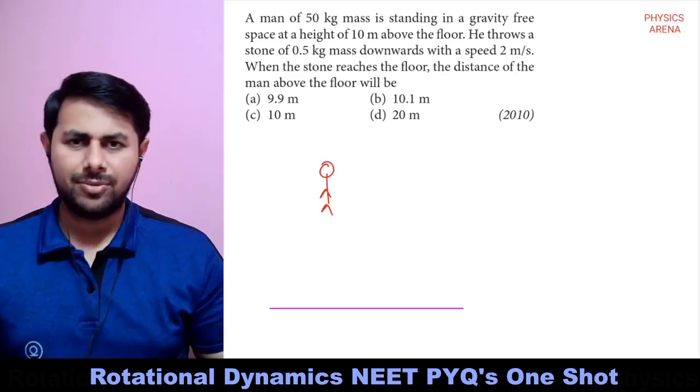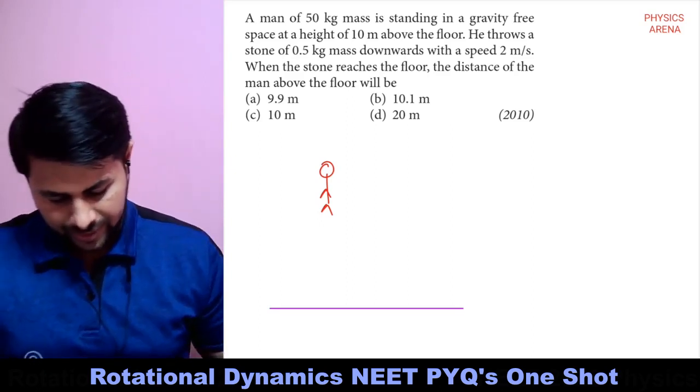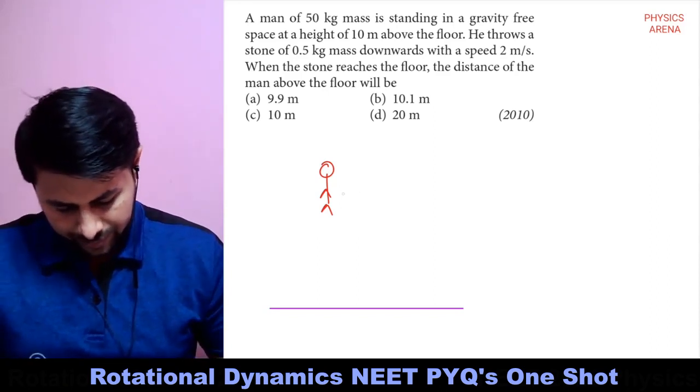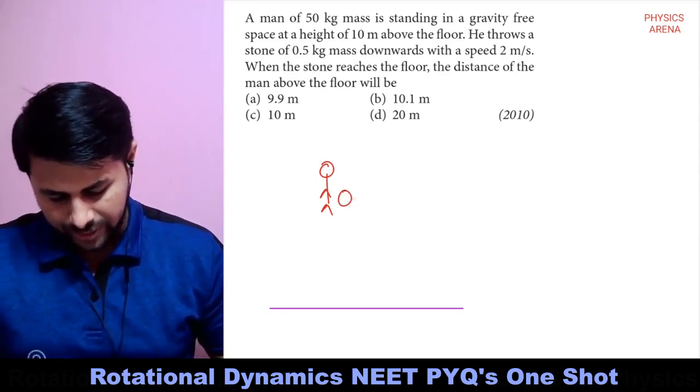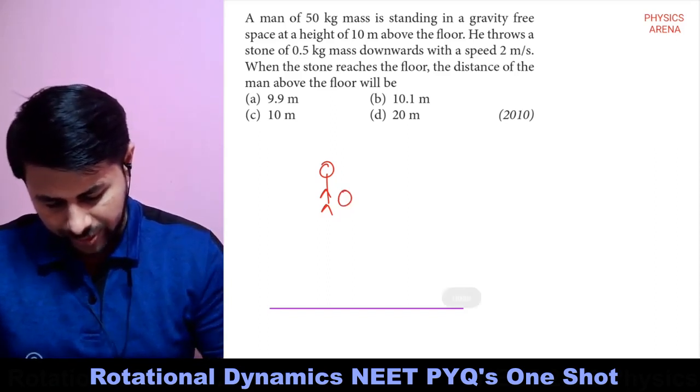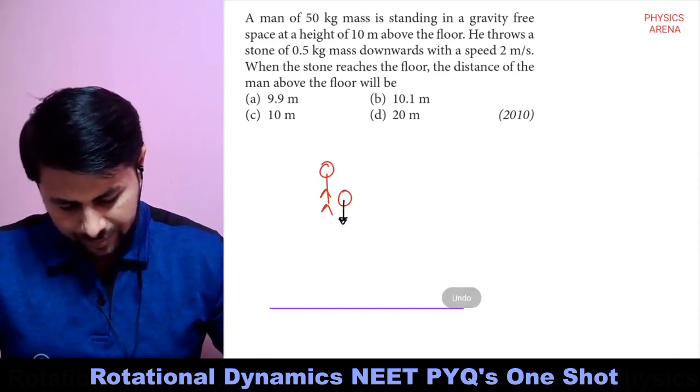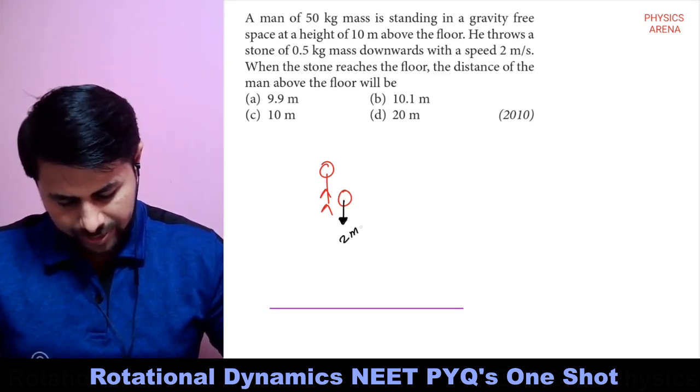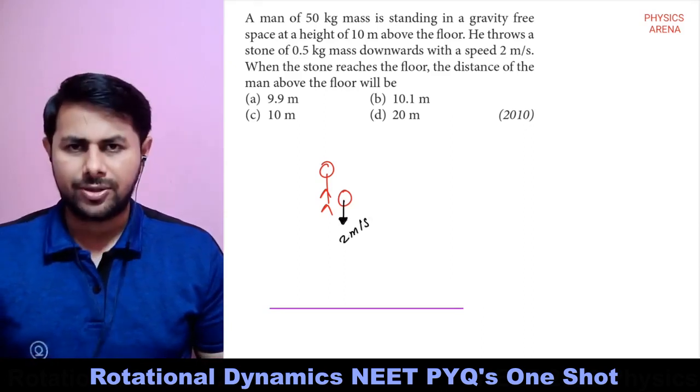Okay. Initially both of them were at rest. So what can you say? How much would be the velocity of man if stone moves downwards with velocity of 2 meters per second?